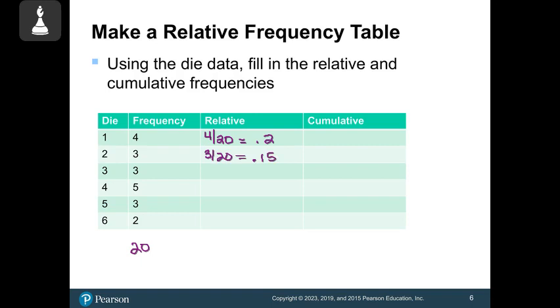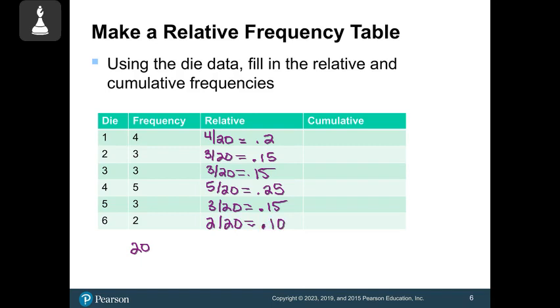This one is also 3 out of 20, or 0.15. 4 happens 5 times, so 5 out of 20 is 0.25. 5 happens 3 times out of 20, so it's that 0.15 again. And then 6 happened twice out of my 20 times for a value of 0.10.